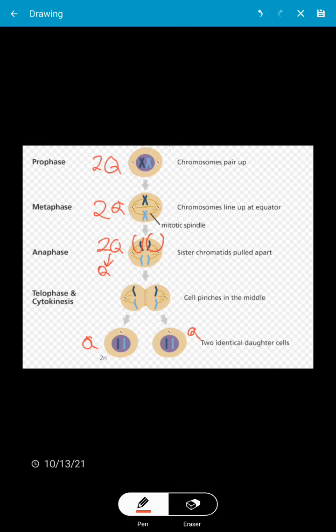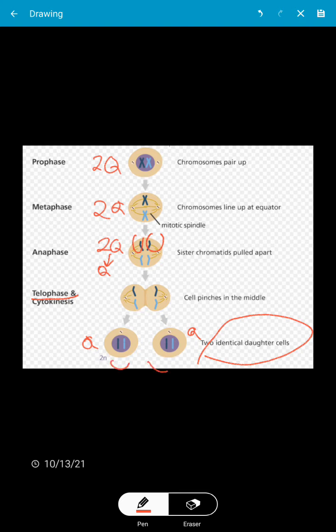It's being reduced. Why it's being reduced during the anaphase? Because it's preparing itself for telophase, because during telophase we have two daughter cells, okay?